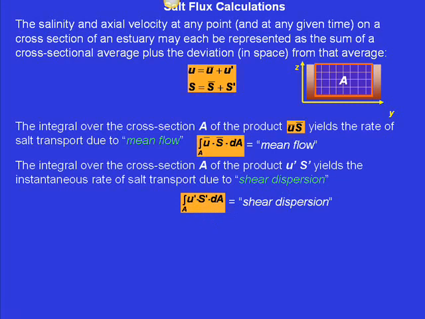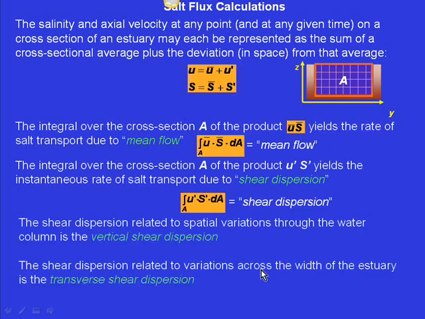If the flow is uniform throughout the cross-section, so the flow is the same everywhere, with no lateral or vertical variations, then this U prime S prime will be 0. If there is a lot of lateral shear, then this term will become important. If there's a lot of vertical shear also. So the shear dispersion can have two flavors: the vertical shear dispersion and the transverse shear dispersion.